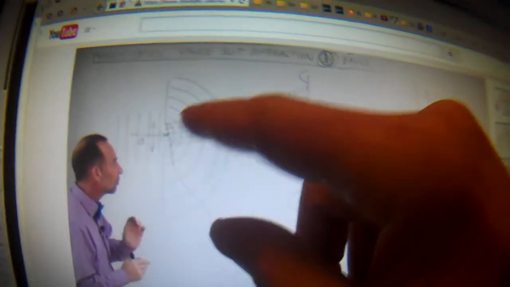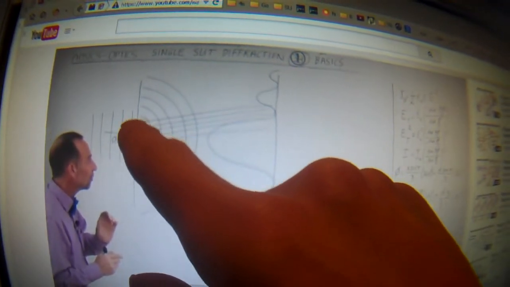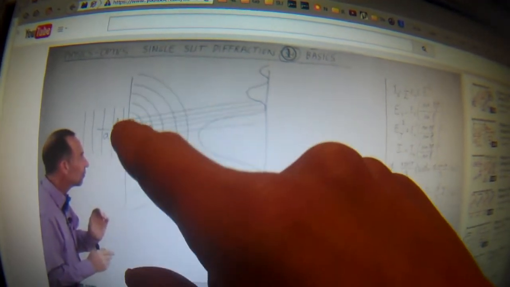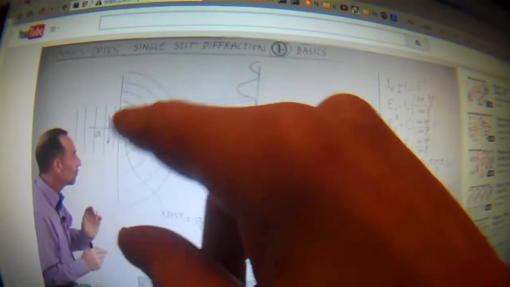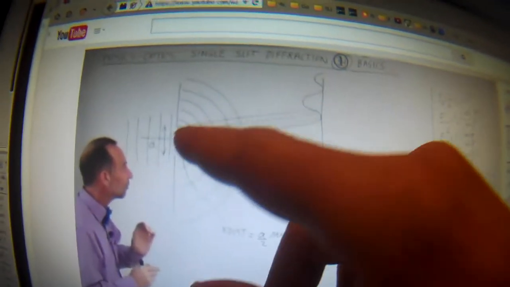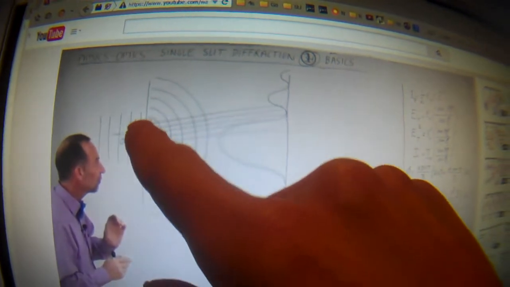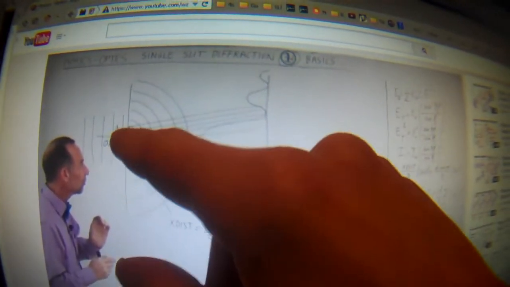My argument is that anytime you come anywhere close to a material object, there is not a fine line where this is matter and this is not matter. All matter is surrounded by a field and a density of electrons. So there's a density of electrons on the two sides of this slit, and those electrons are certainly capable of diffracting or bending light.